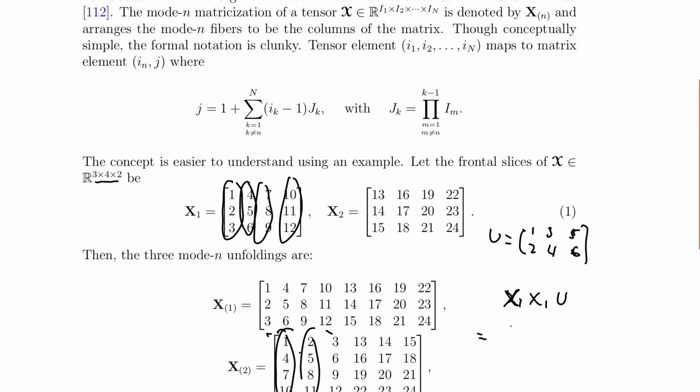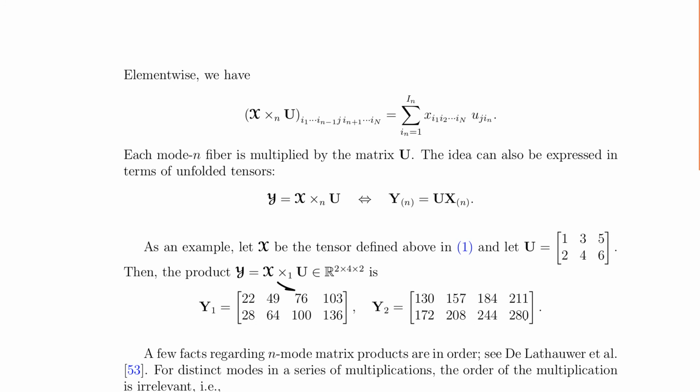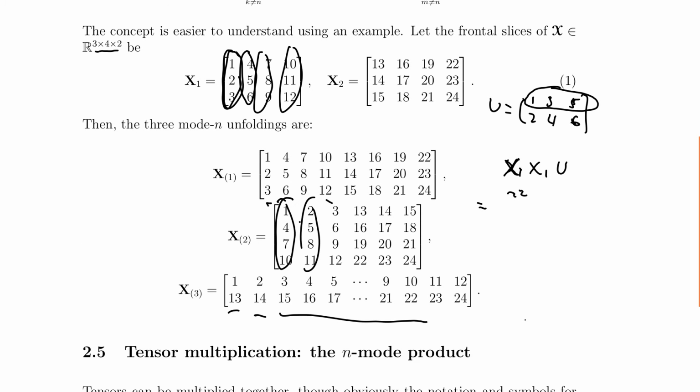If I look at the first frontal slice here, I have this multiplied by this one. 1 times 1, 2 times 2, 6, 5, 15. I think it's 22, something like that. Yeah, it's 22. And then the next element will be this one multiplied by this column, right? So 2, 4, 6, 1, 2, 3.